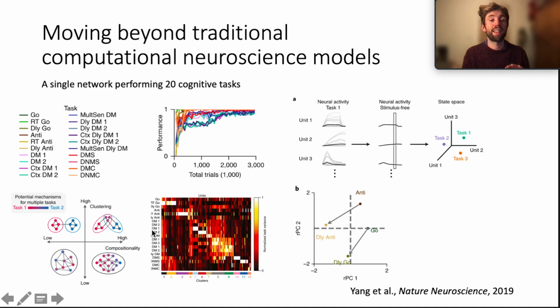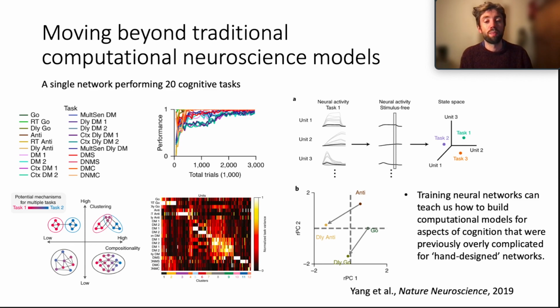And when certain tasks required combinations of these functions, the network used a compositional solution, combining these clusters of neurons that contribute to the different functions. So this provides at least a proof of principle that a brain or neural network could use a compositional solution in order to perform many different tasks with the same set of neurons.